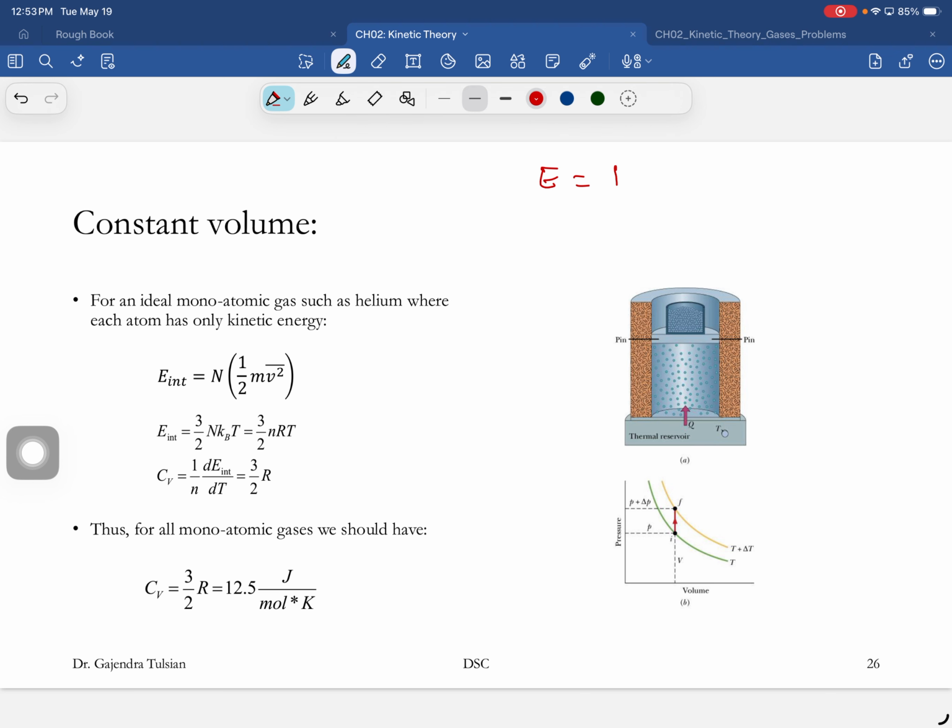For the same gas at a higher temperature, F is 5. So at these low temperatures, it has only translational degrees of freedom. The rotational degrees of freedom are not in play.